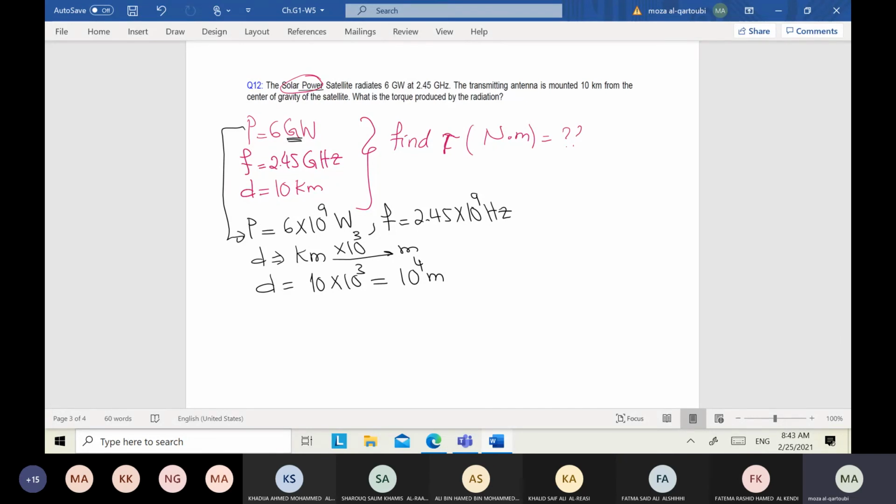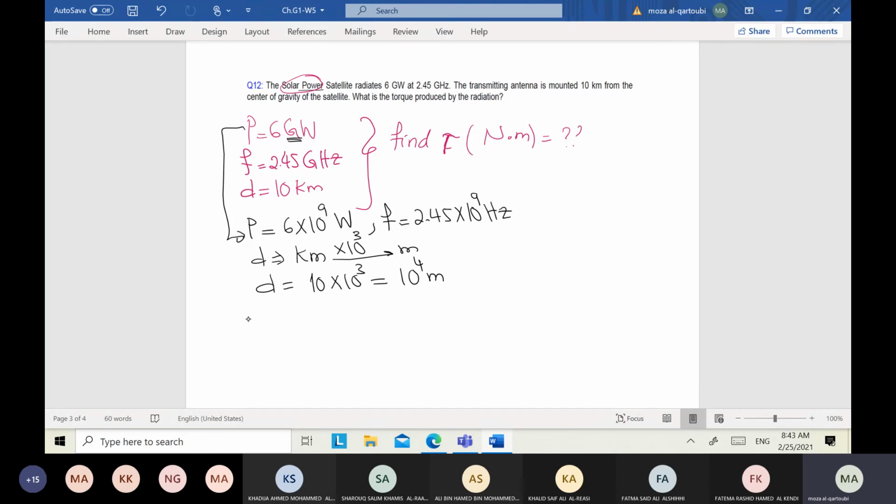So how do we find torque? From the unit, torque is Newton meter. Which quantity uses the unit Newton? This is force. Then meter is for distance.